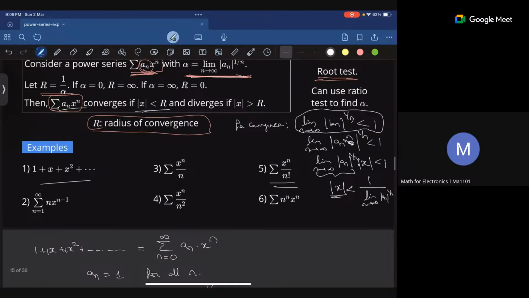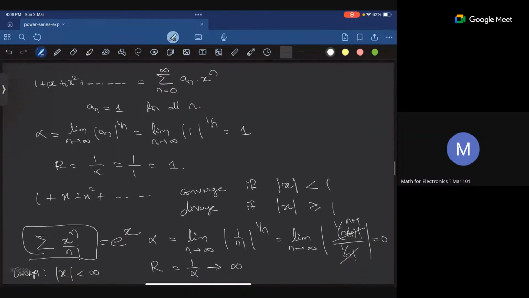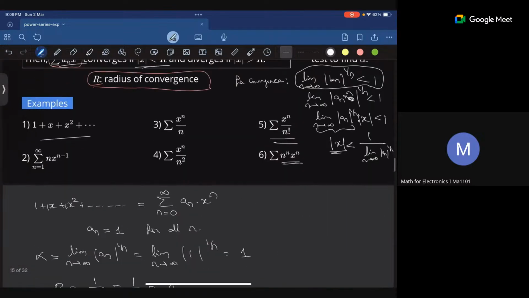Something like n power n x power n. You can check that using the same thing. You try to compute alpha, and you will see that alpha will be infinite. If alpha is infinite, r will be 1 by infinity, which is 0. It will always diverge. So this particular power series, the sixth one, will always diverge.